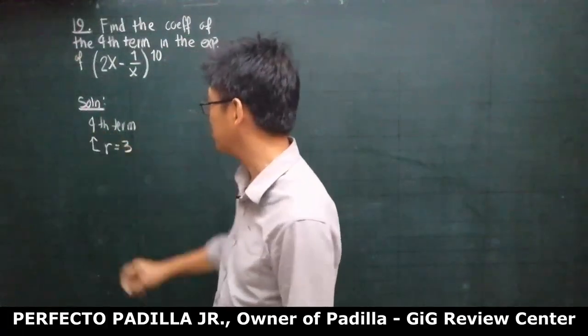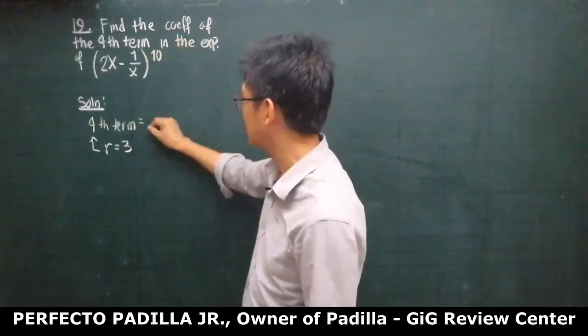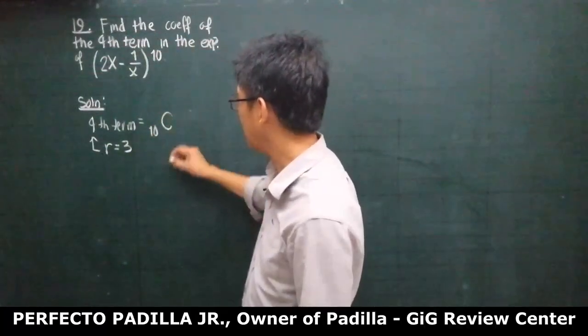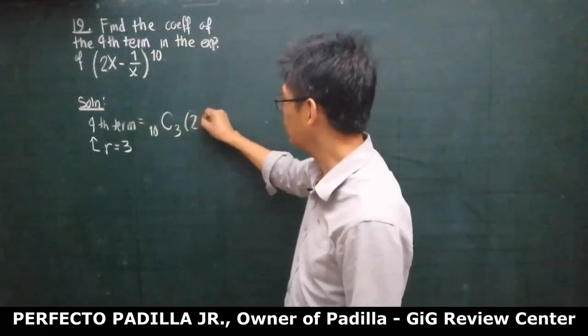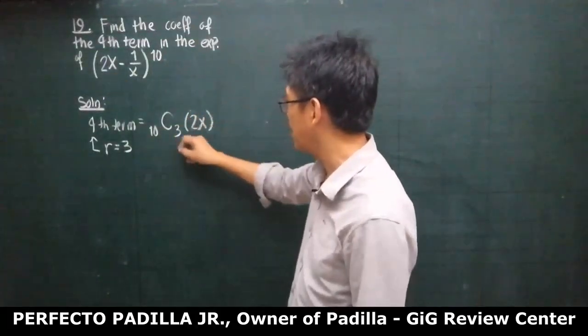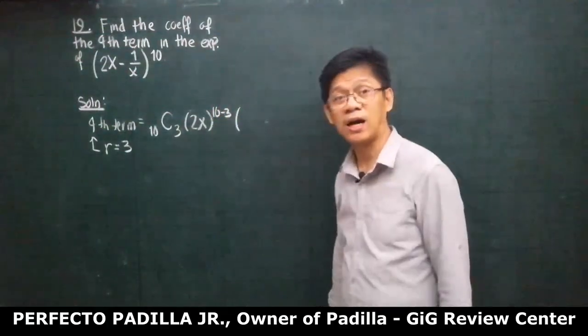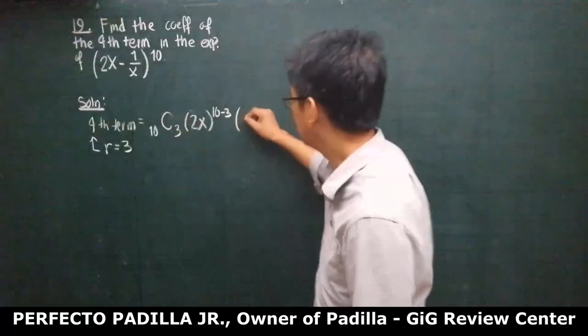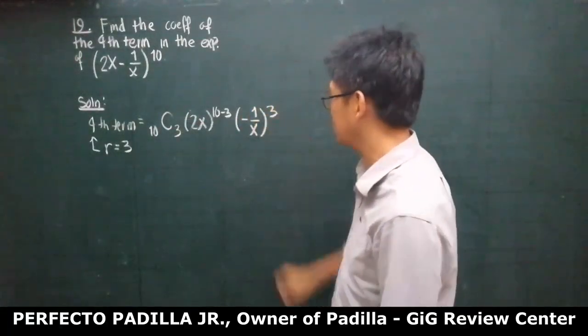Para 3 plus 1 is 4. So, therefore, it is NCR. N is 10. CR, R is 3. A. Your A is 2x to the 10 minus 3. B to the R. Your B is negative 1 over x to the R 3.